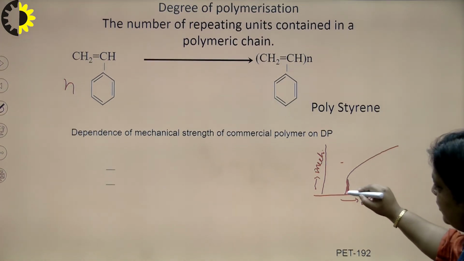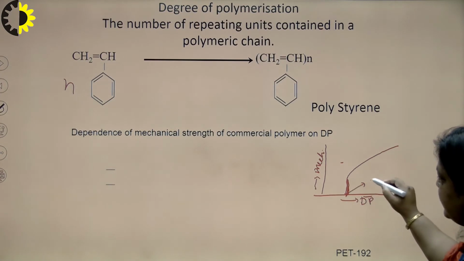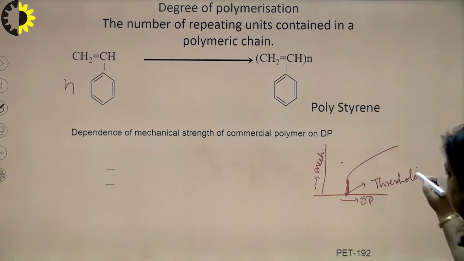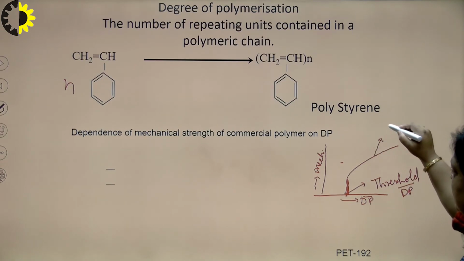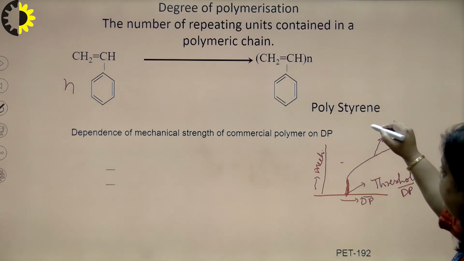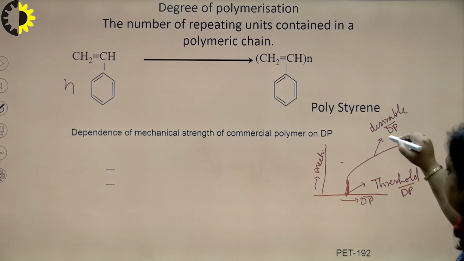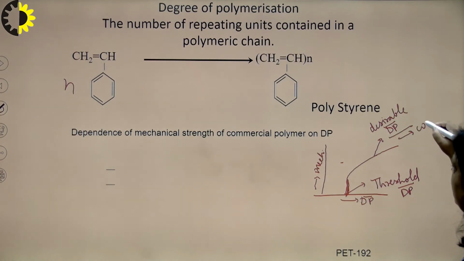This point is termed the threshold degree of polymerization, and this is the desirable degree of polymerization to be used commercially.